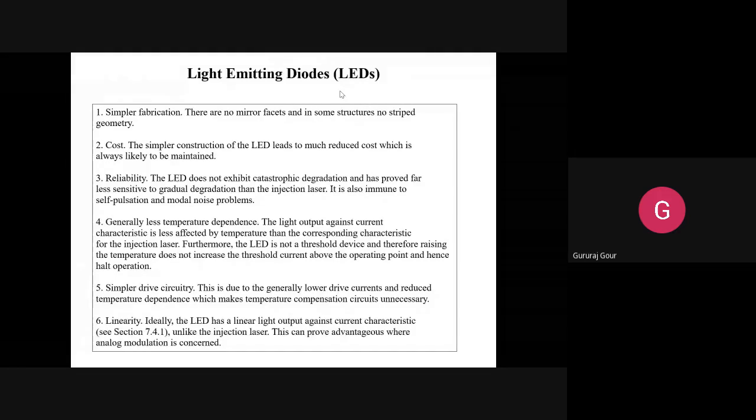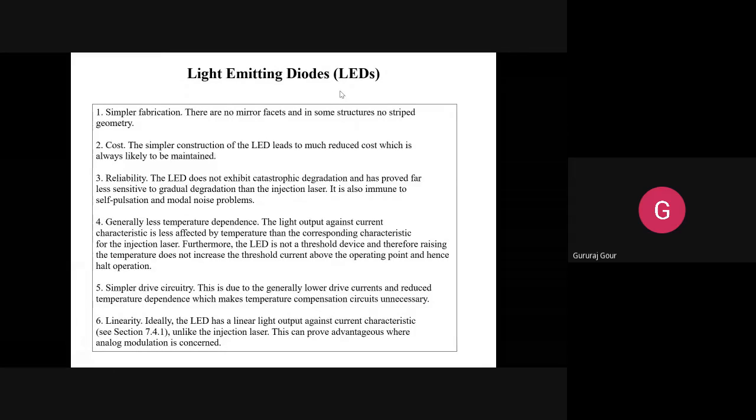So what do you mean by catastrophic degradation? He is explaining it by comparing with the injection laser. The laser is light amplification by stimulated emission of radiation, whereas this one is a light emitting diode based on spontaneous emission, a simple principle compared to the laser.